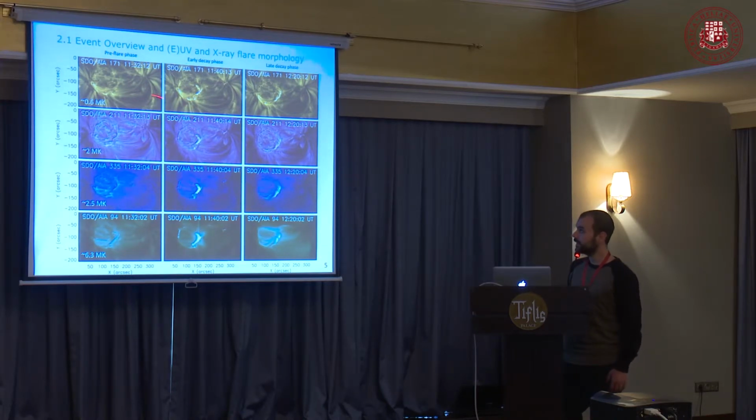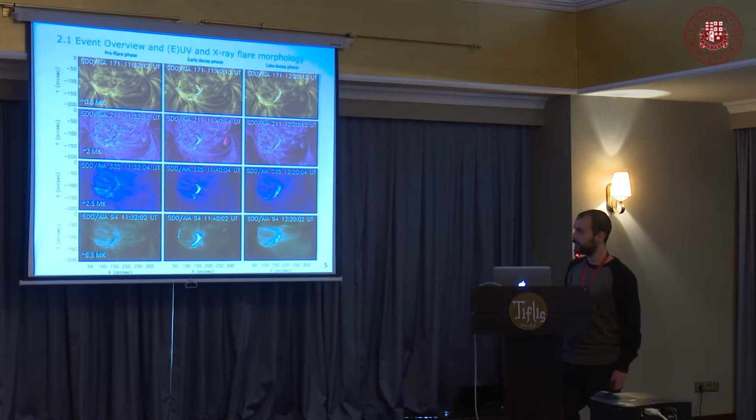And we see that at the location where the primary ribbons form, we see a group of reconnectors, sheared arcades, that are visible in all UV channels. They're visible in all UV channels, so it means that they're not only hotter, but also denser, and therefore visible also in 171, for example, which is a cooler channel.